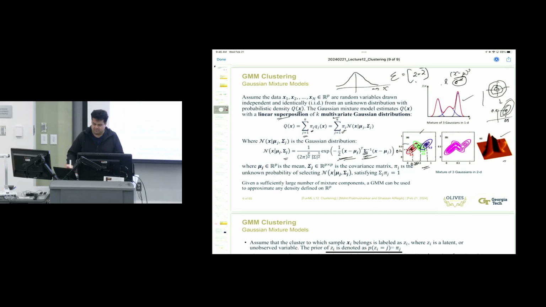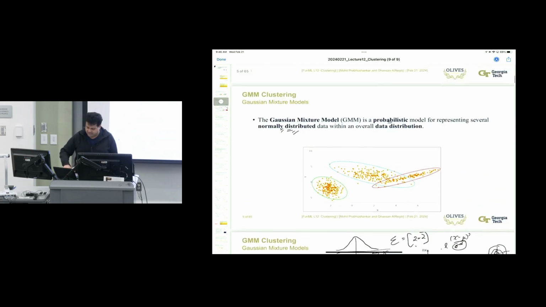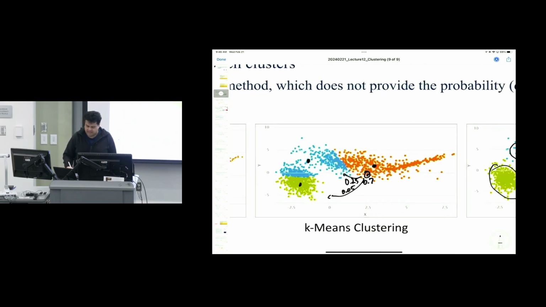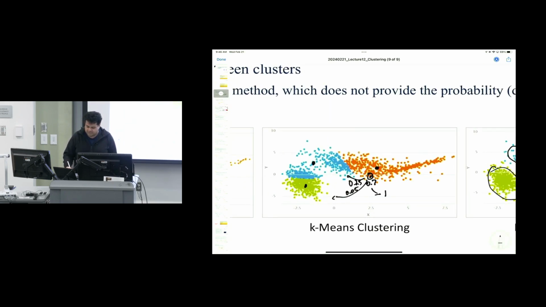Hence, you have the sigma. If I have k Gaussian distributions, j equals 1 to k, pi of j, which is your prior, multiplied by q. In other words, any single element x will have a certain prior associated with it. That means, if I go back here, somewhere I've written, yes, this particular element has, let's call it, pi 1 of 0.7, pi 2 of 0.25, and pi 3 of 0.05.